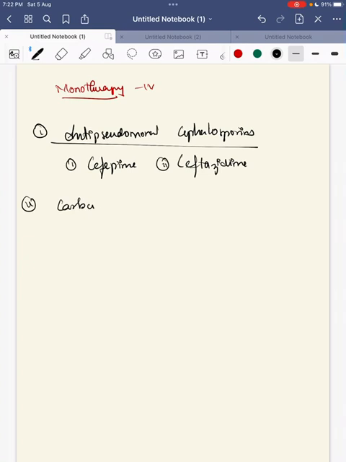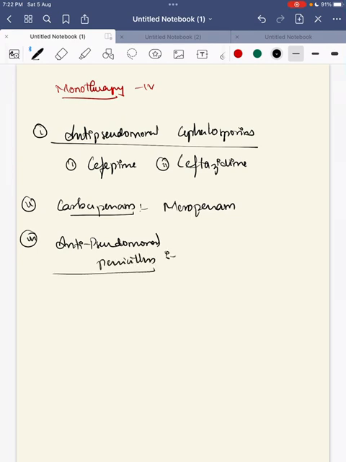Next, you can use carbapenems: meropenem or imipenem with cilastatin. Third is anti-pseudomonal penicillins: piperacillin tazobactam, that is Pip-Taz. So these are the drugs that can be used for monotherapy, that is initial empirical treatment.